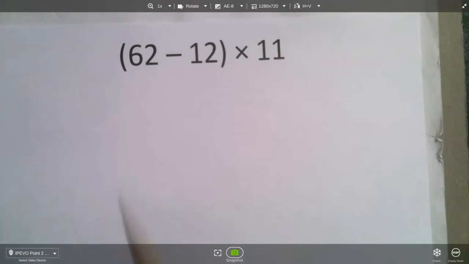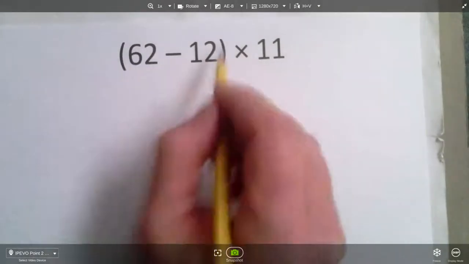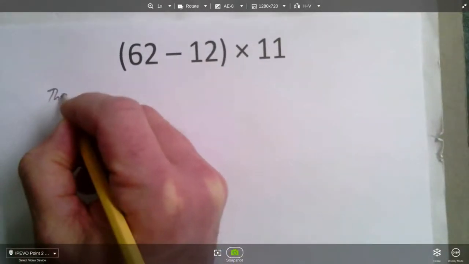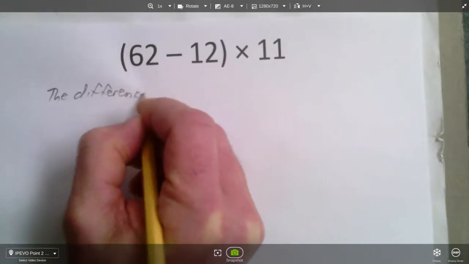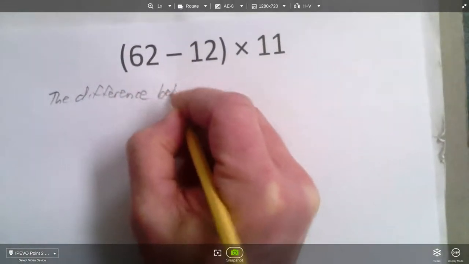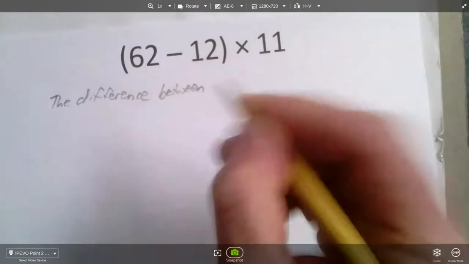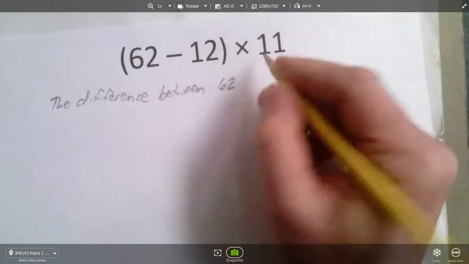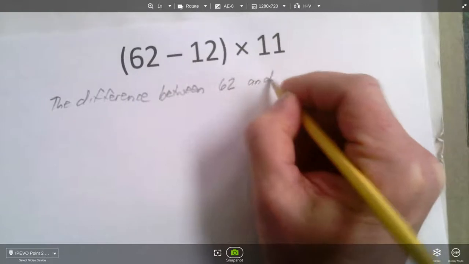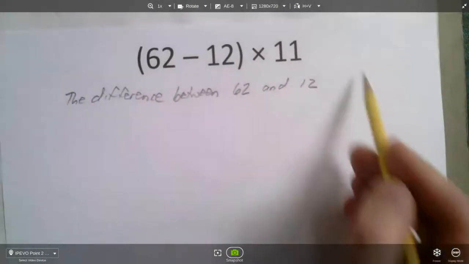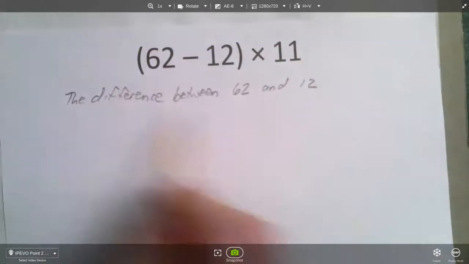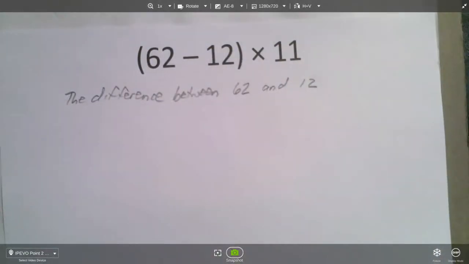Okay. So I write what's here as the difference between 62 and 12. So then what's my answer to this whole thing if I was writing it in word form?